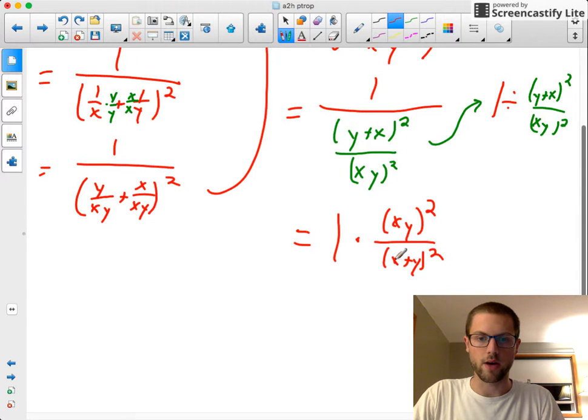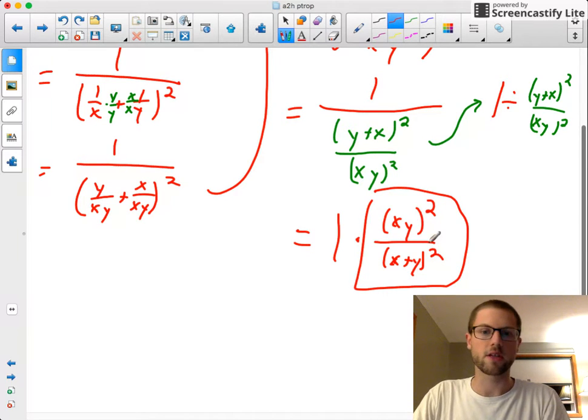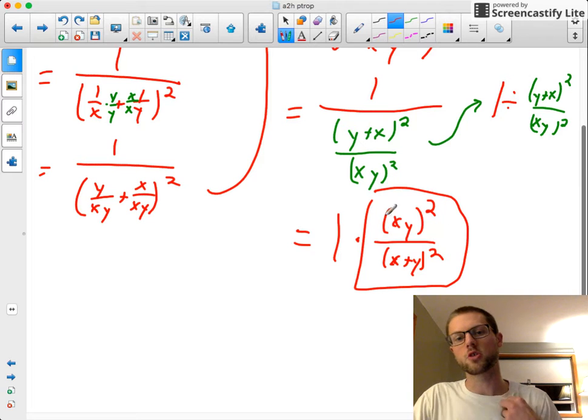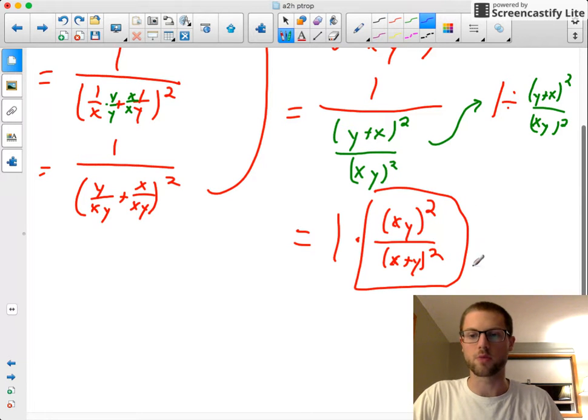And really at this point, I can't do much more. 1 times this is just this. And maybe to keep things the most simplified, since all of this is being squared, another way of writing this, I suppose, would be xy over the quantity x plus y.